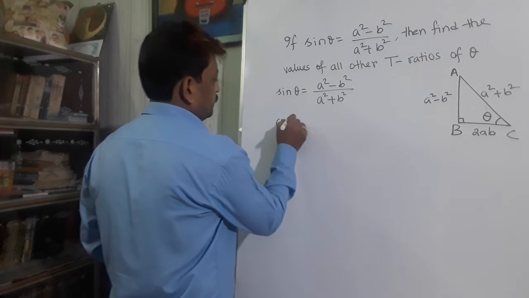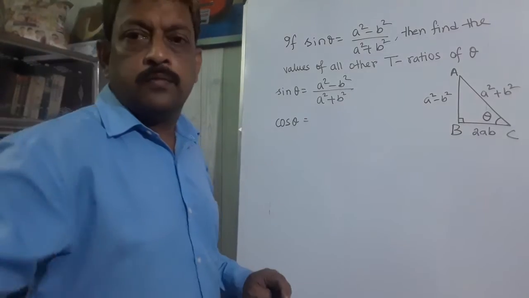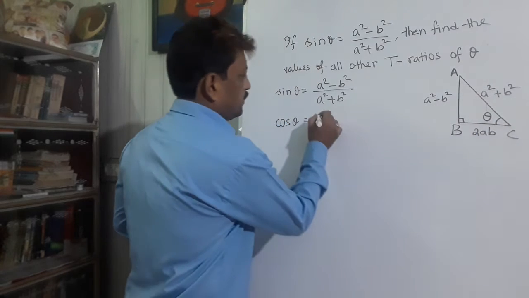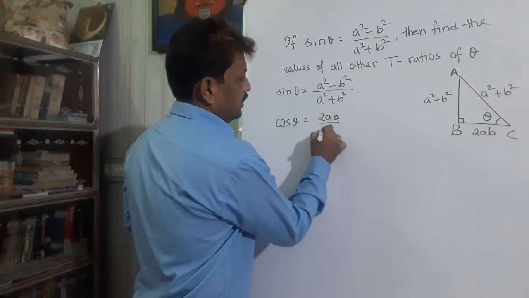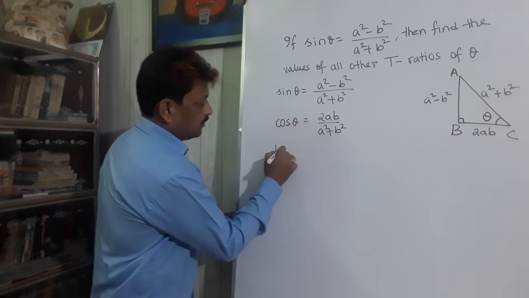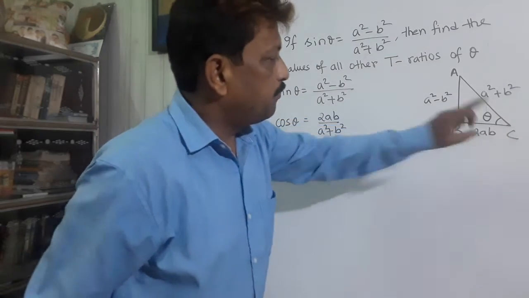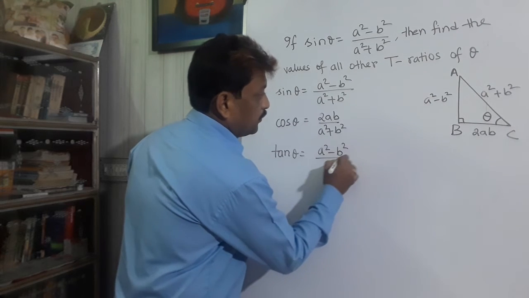Cos theta is base upon hypotenuse, that is 2ab upon a square plus b square. Tan theta is perpendicular upon base, that is (a square minus b square) upon 2ab.